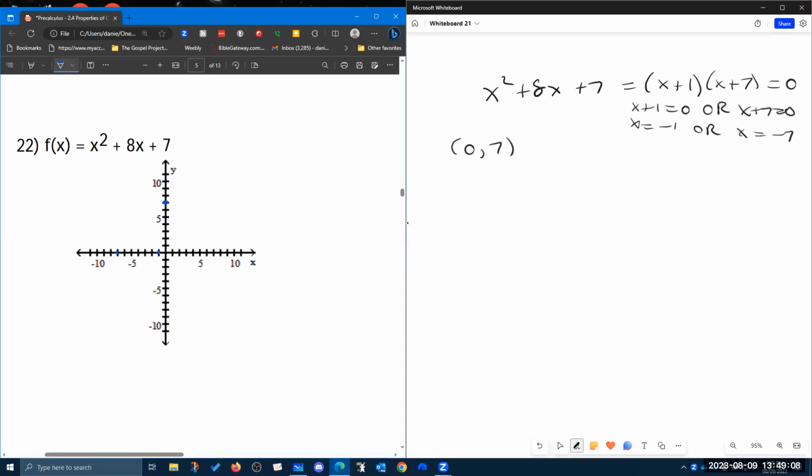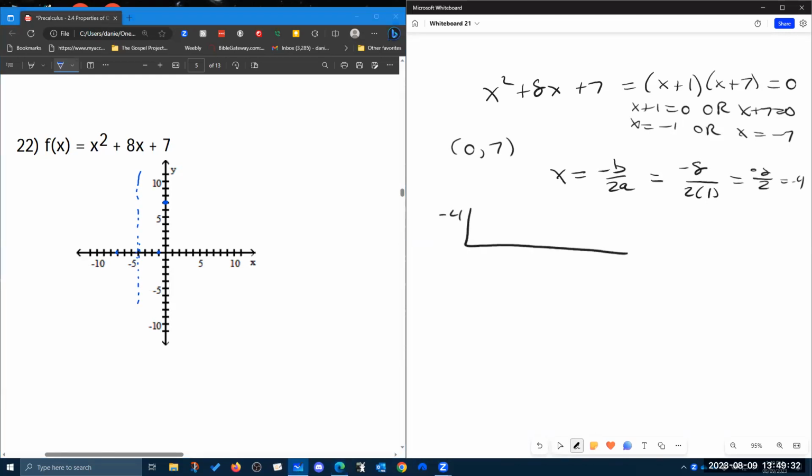Our axis of symmetry, x equals negative b over 2a, negative b over 2a is negative 8 over 2, which is negative 4. So our axis of symmetry is here. Our vertex lies on that axis of symmetry. So negative 9 is down here.